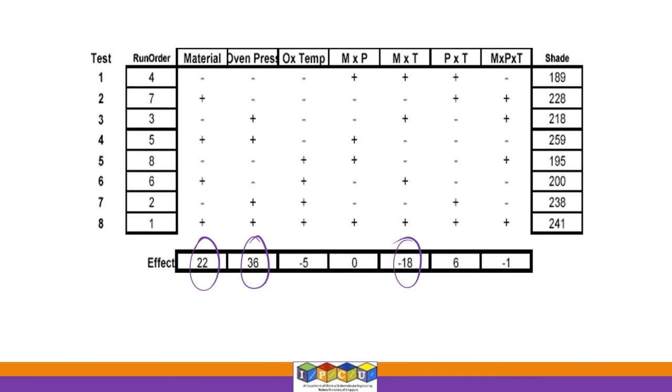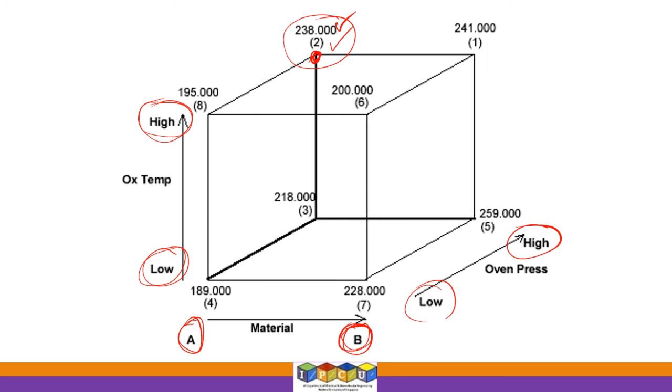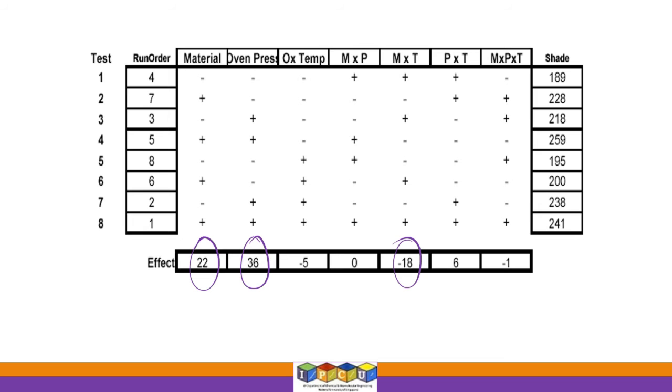The third biggest effect is the interaction between materials and oxidation temperature. Sorry, T is oxidation temperature. So that has got an effect of -18. So it's got a negative effect, but that is a big effect. So there are these three big effects. The other effects are relatively small.